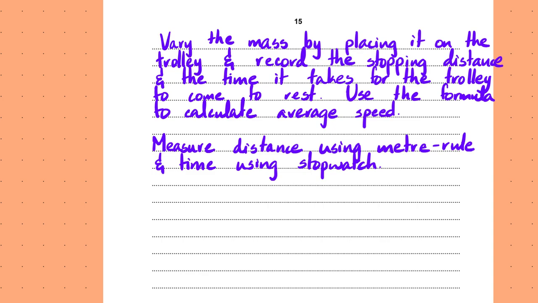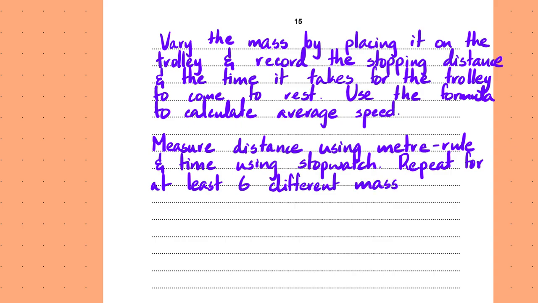And then I can also say repeat for at least 6 different masses, so then we have 6 sets of values. This is also something that I get marks for saying.